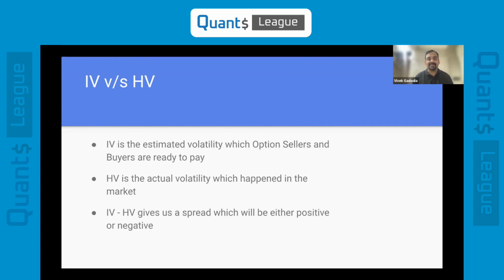It is always changing because it depends on the demand and supply of options, and on how traders estimate the market is likely to move in the next 30 days. Using all that data, the IV is computed.